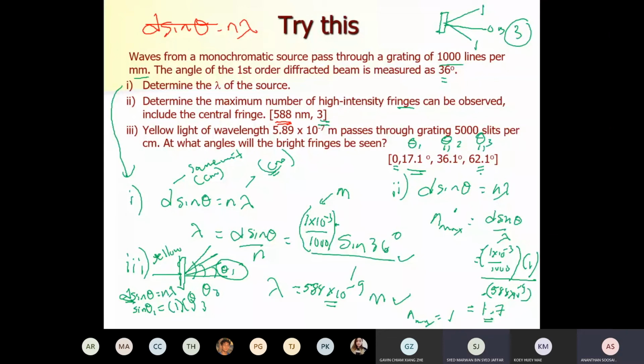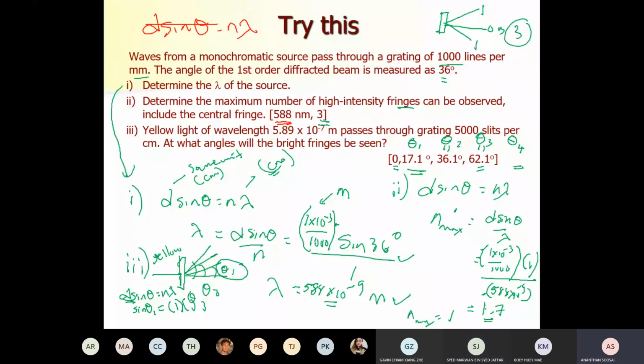So according to the answer, it looks like there is only up to the third order. If you try to look for the fourth order, what does the calculator show you? How do you know the fourth order never appeared? Through the calculation. When you do shift sine, you get a math error.